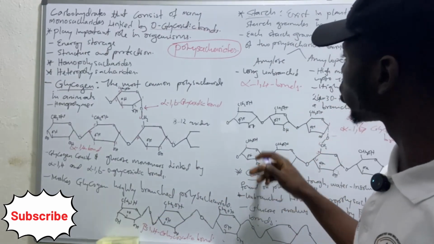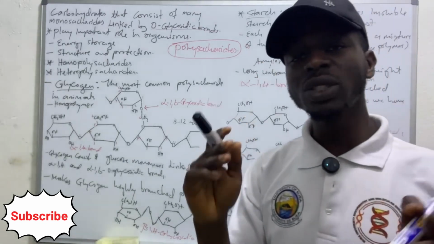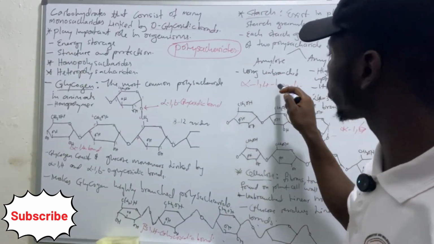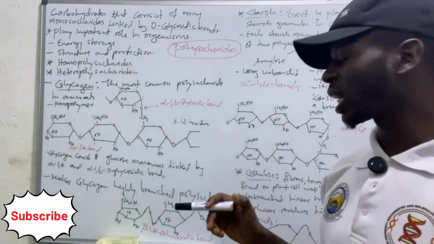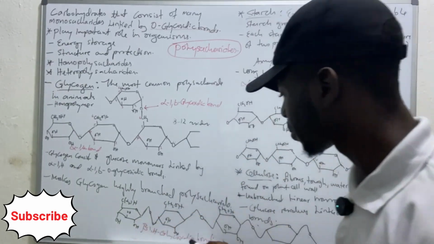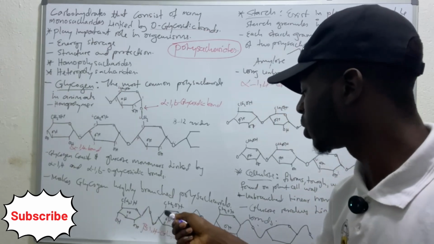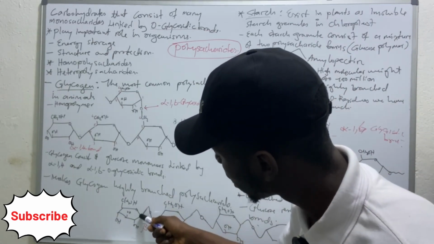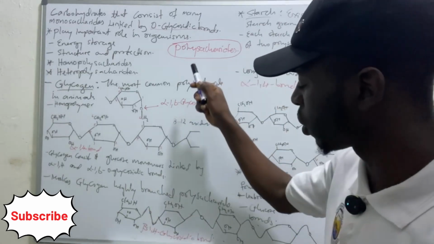So cellulose is the same as amylose, but the only difference between the two is that amylose has the alpha-1,4 glycosidic bonds, while cellulose has the beta-1,4 glycosidic bonds as seen on this structure here. In cellulose, you have repeating glucose residues which are connected by the beta bond because the bond from the anomeric hydroxyl group of the first glucose residue is pointing up.